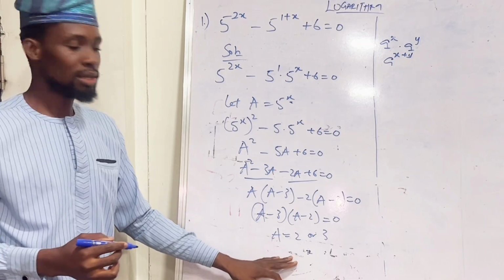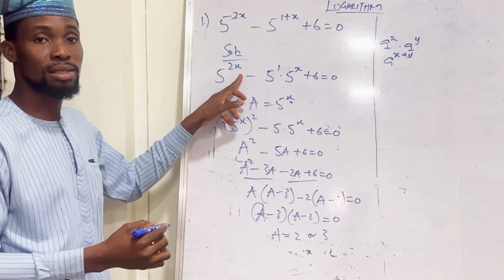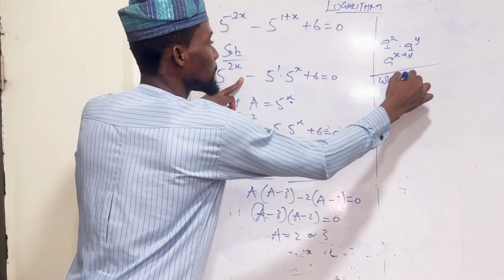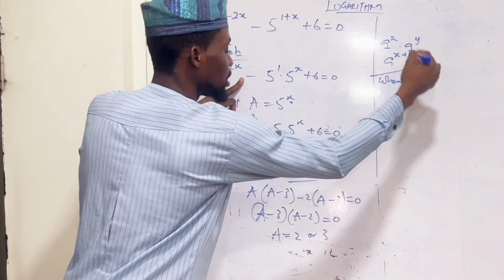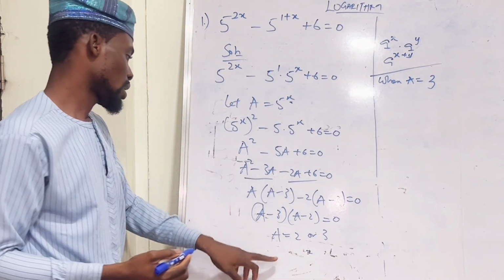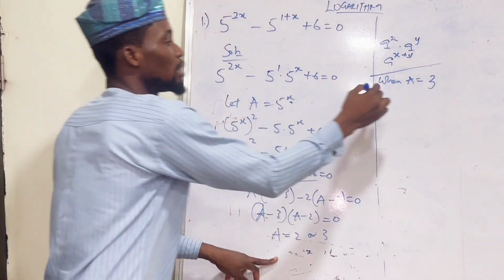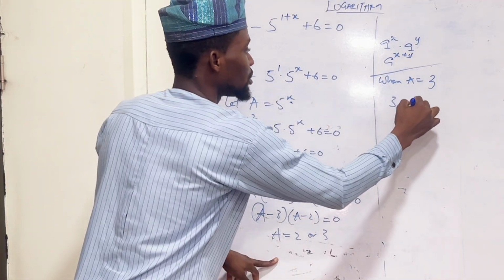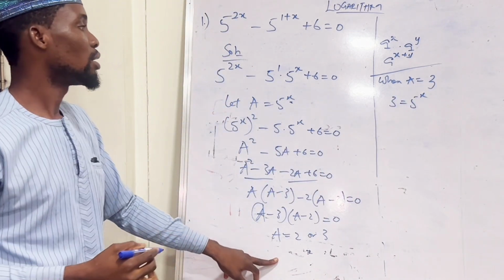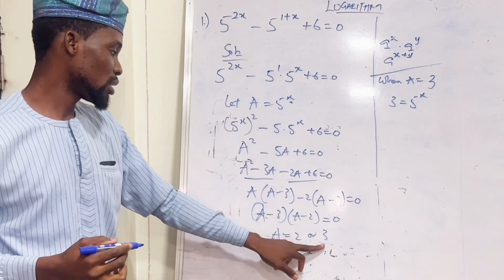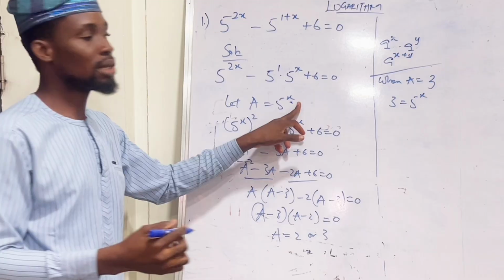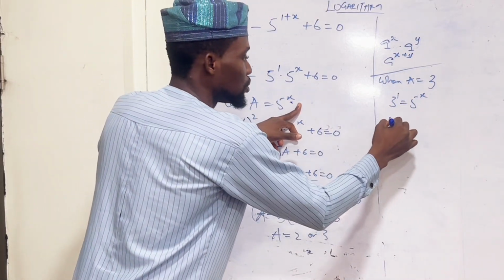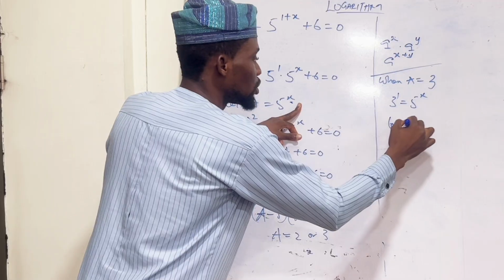Now, this is not the answer because I'm looking for x. To solve, when a equals to 3, it implies that, from this equation back, I have 3 equals 5 raised power x. And as I taught you in one of our recent classes, introduce logarithm to both sides.